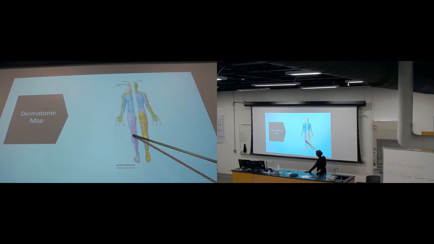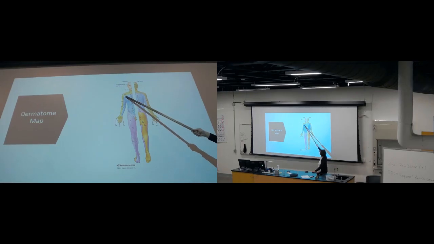L4, L3, L2, S1, S2, C6, T2, T1. So each of these monitor a specific area. So if someone taps your shoulder, that's the nerve that picked up, C4, and also here.